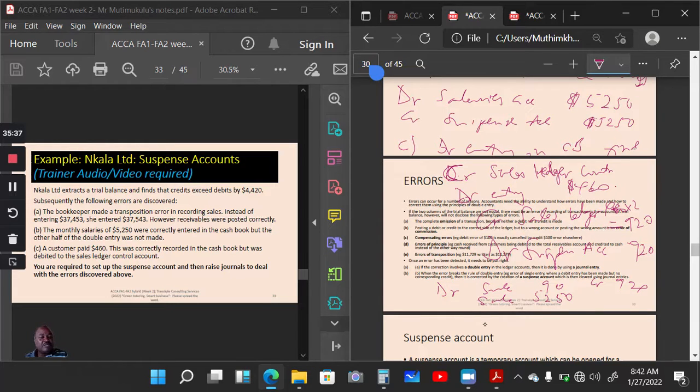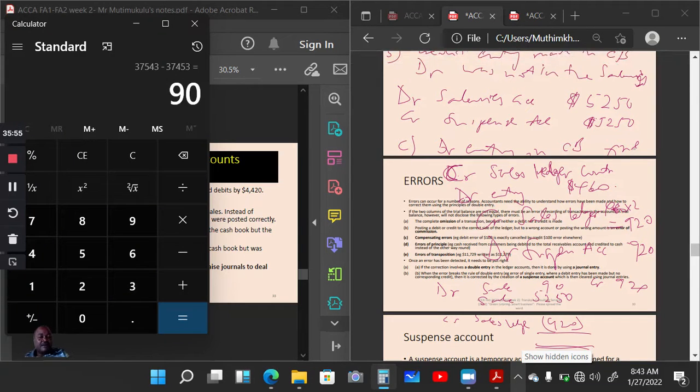If we put our credit here, the credit for the sales ledger of 920, and deduct it from the debits, we're going to have another value here. How much is it? 90 plus 5250 minus 920.